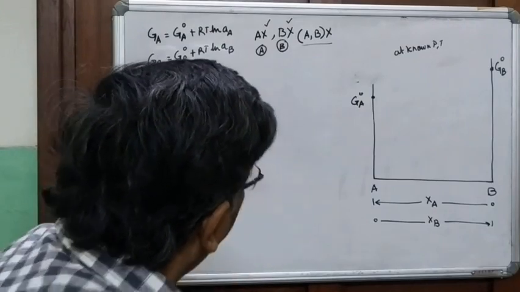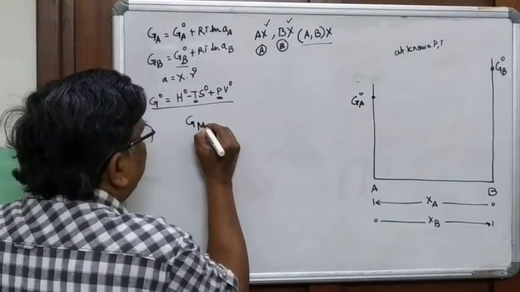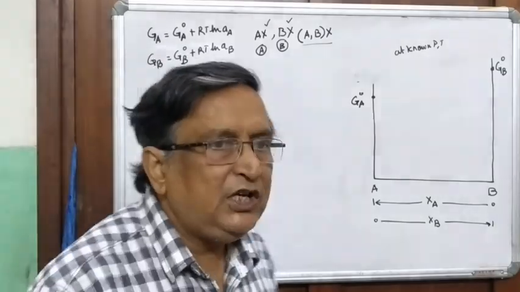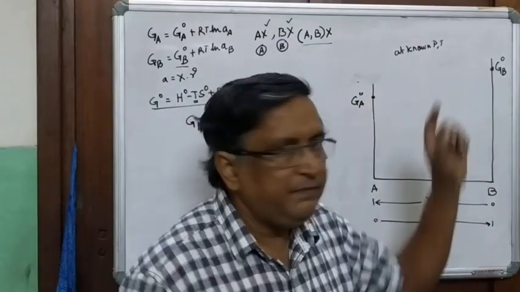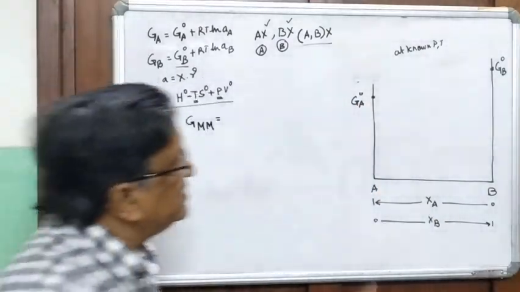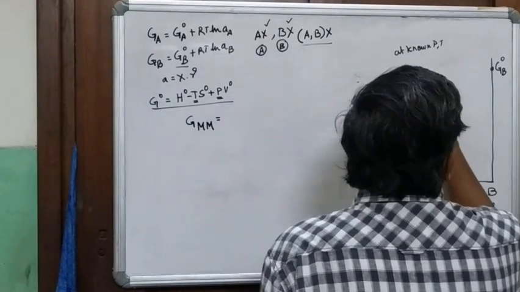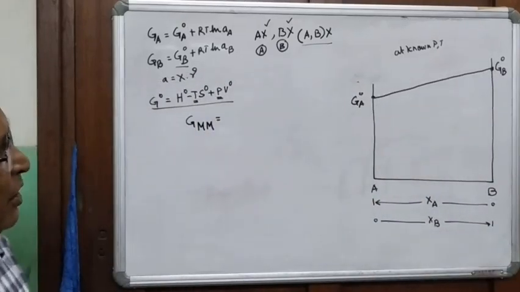So now, if I write a term, G mechanical mixing, what will be the G of the mechanical mixture of A and B? Obviously, it would lie on this straight line.